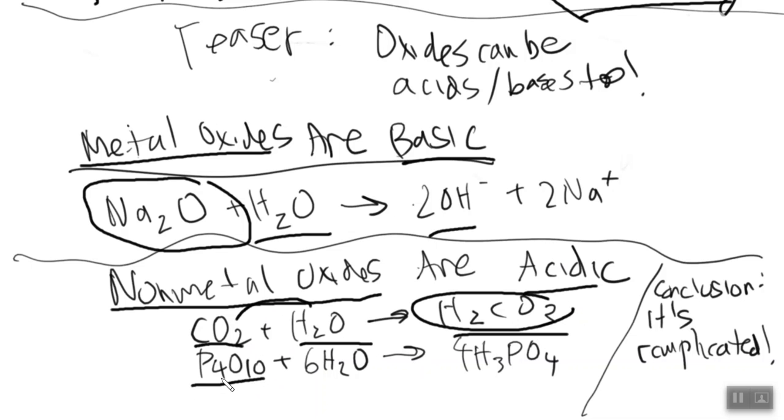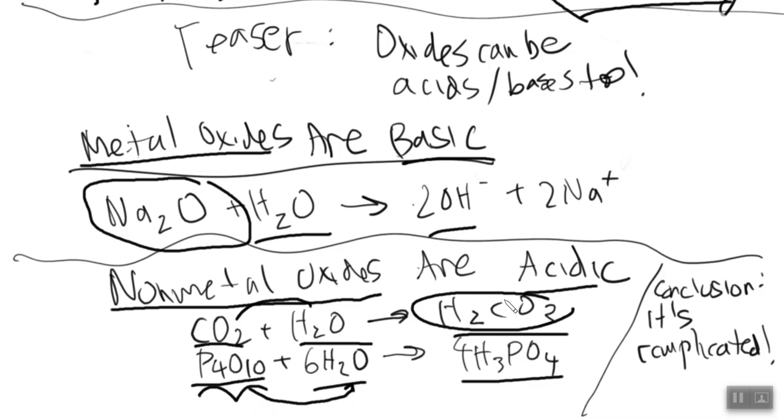But in this case, we have tetraphosphorus decoxide. I think it's just phosphorus oxide, but this will react with water to form phosphoric acid. You can't really tell what this is going to form.